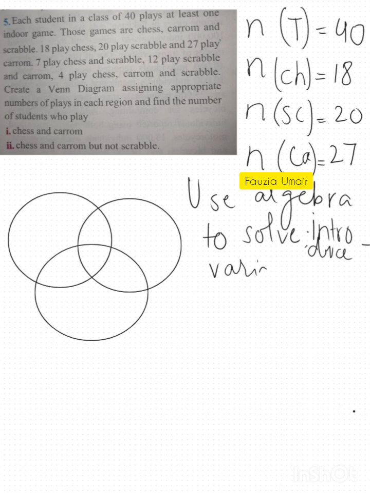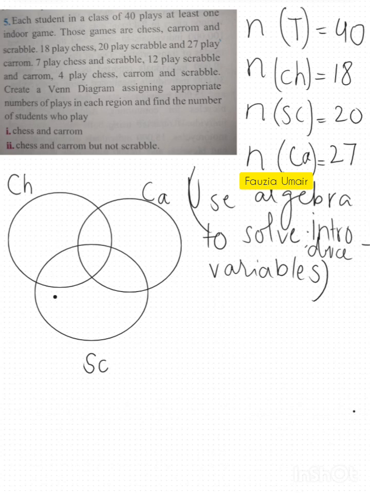You can see the Venn diagram on your screen. There are three overlapping circles. The first circle is for chess players, the second circle is for carom players, and the circle at the bottom is for Scrabble players.